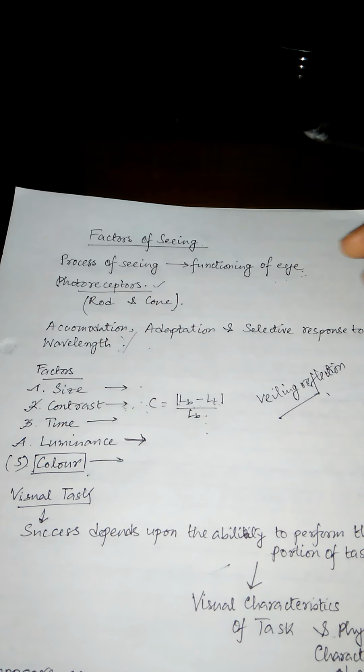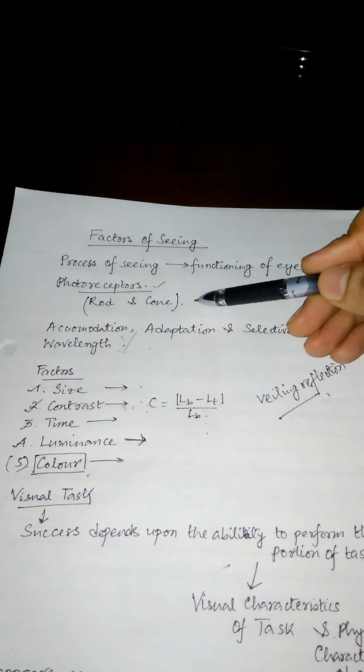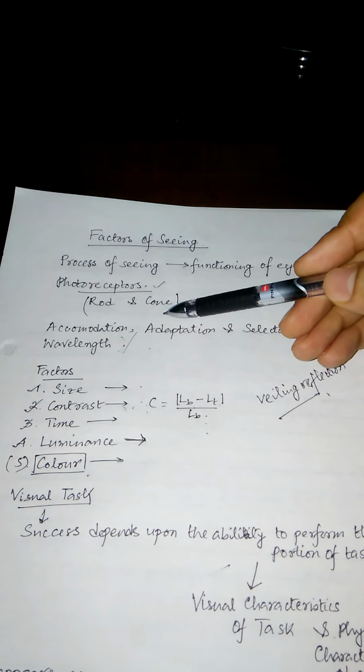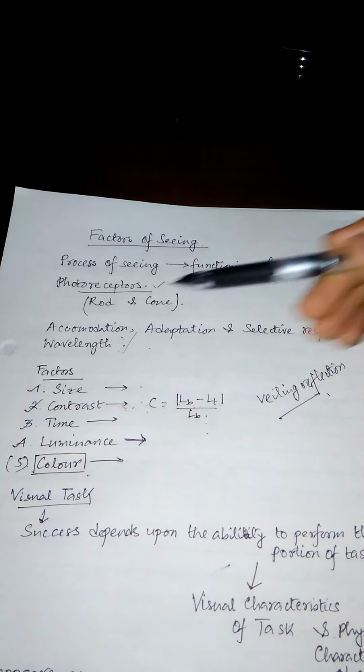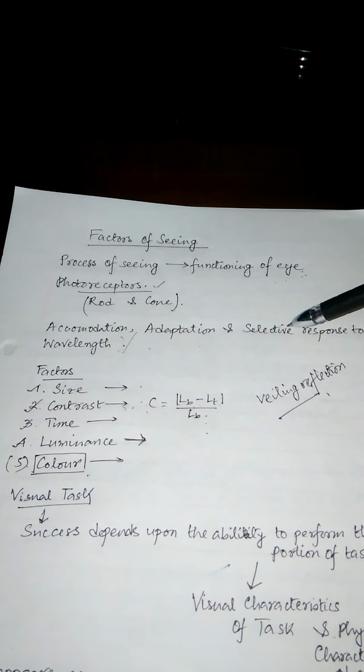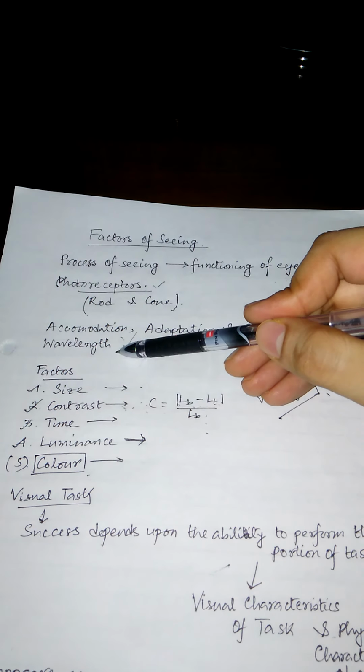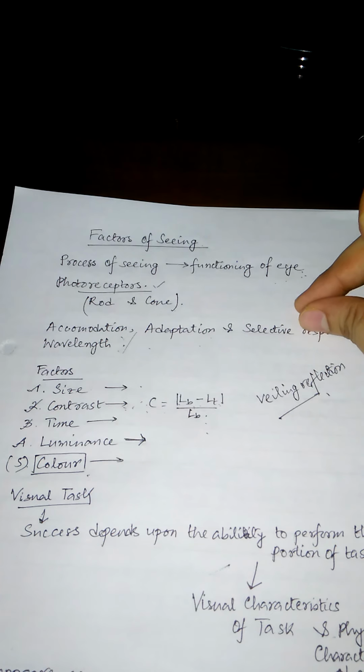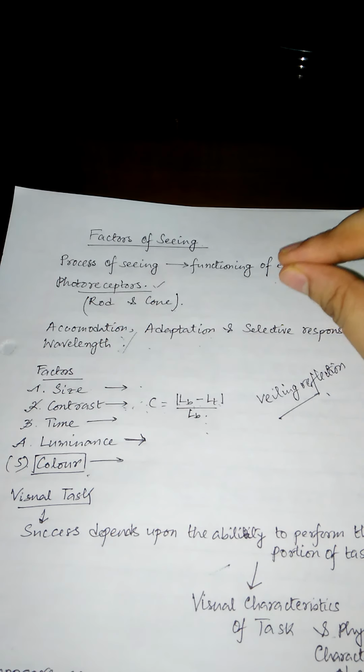We also discussed the photopic, scotopic and mesopic visions and the factors, that means accommodation, adaptation and the selective response to the wavelength, which are the characteristics and important factors for the functioning of the eye.